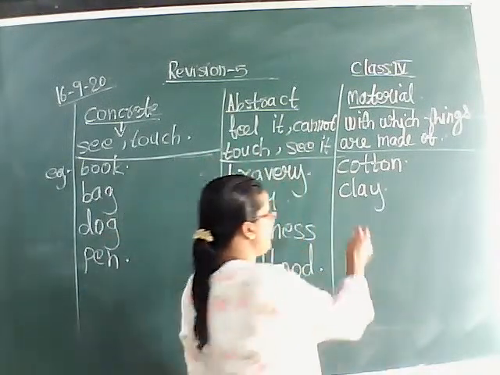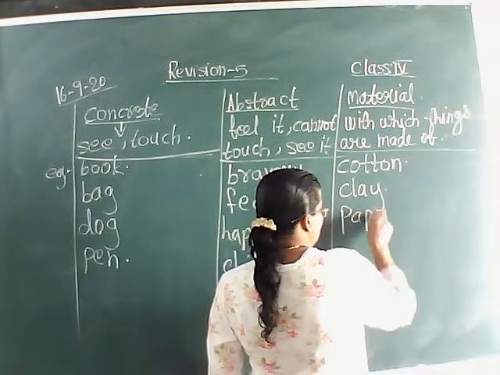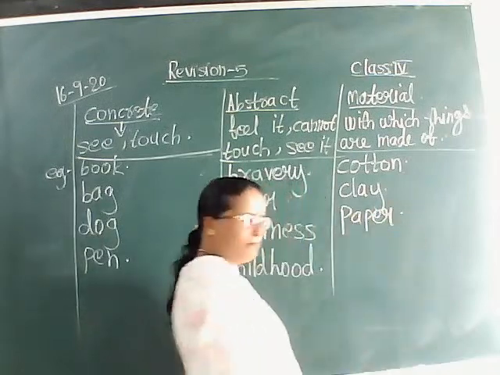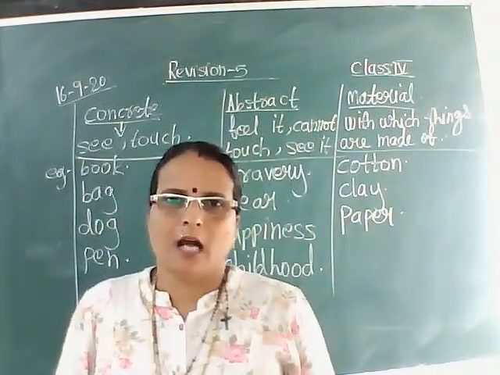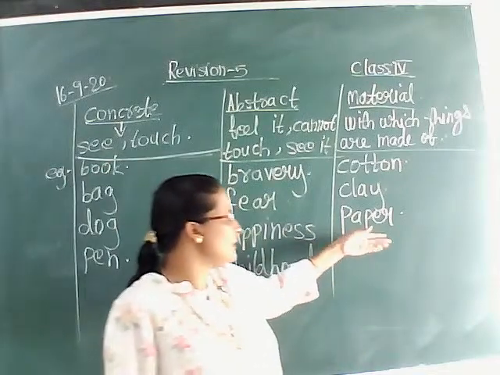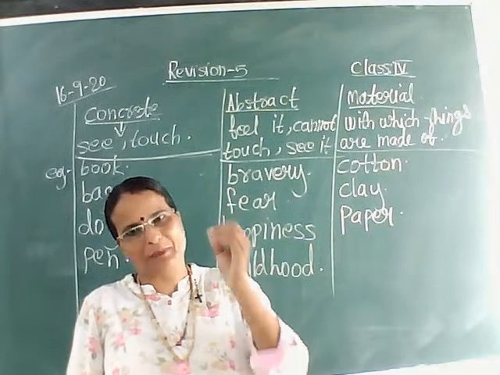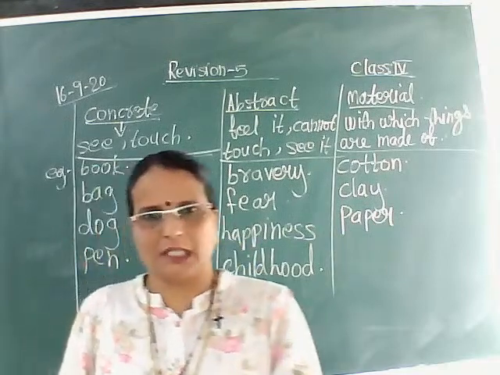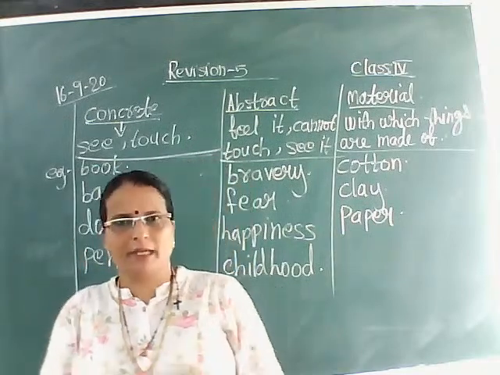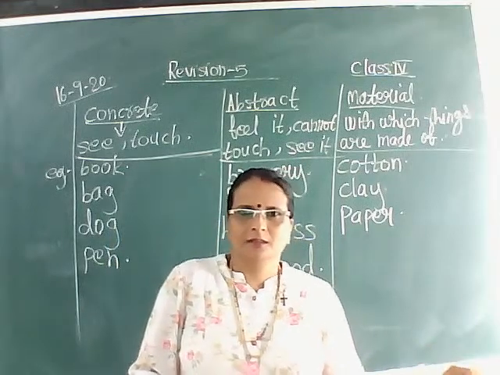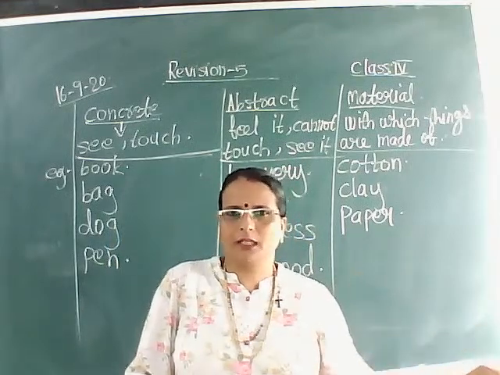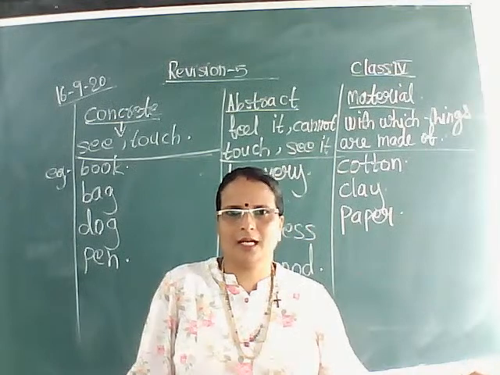Now another one is paper. Paper is a material. And what do we make with paper? Simple. During this monsoon season, many of you might have enjoyed making paper boats, and maybe you have put them in the water, right?